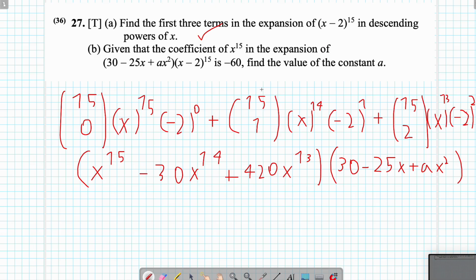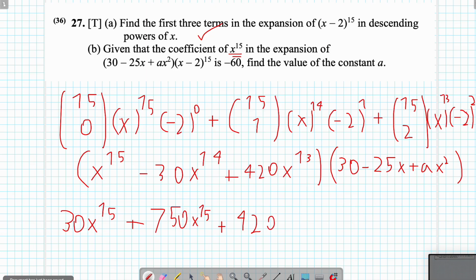So here we only care about x to the 15. So we're gonna distribute. So 30x to the 15, negative 25x times negative 30x to the 14. So 25 times 30, which is plus 750x to the 15, plus 420 ax to the 15.